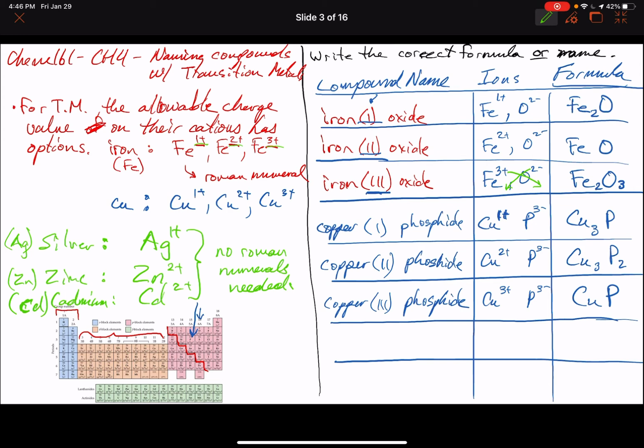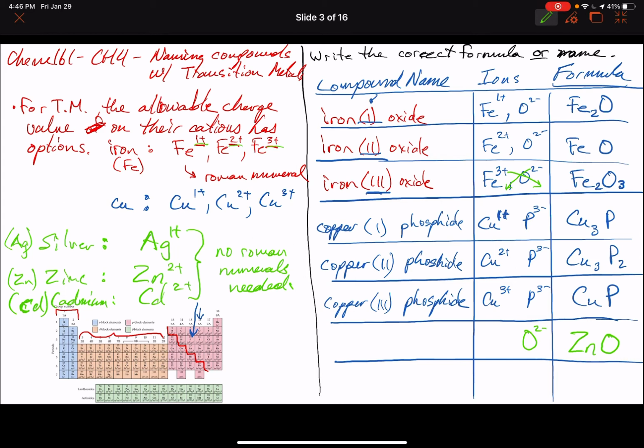So in a case like working backwards, let's say we were working with the formula first, zinc oxide. We can work our way backwards towards the name, knowing what the ions we're working with here. So hopefully the oxygen we see is a straightforward one. That's in column 6. That is always 2-.